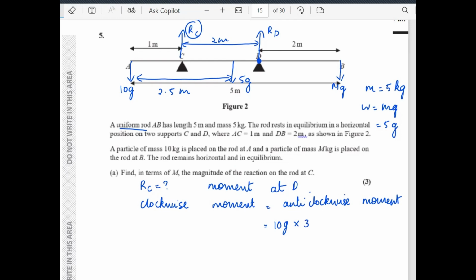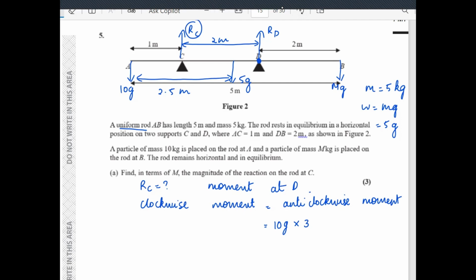Now, the next one, RC. RC is the next force, which is going in clockwise direction, so this is a clockwise moment. The distance from RC to D is given as 2 meter, so RC into 2. And then the next force acting here is 5g.